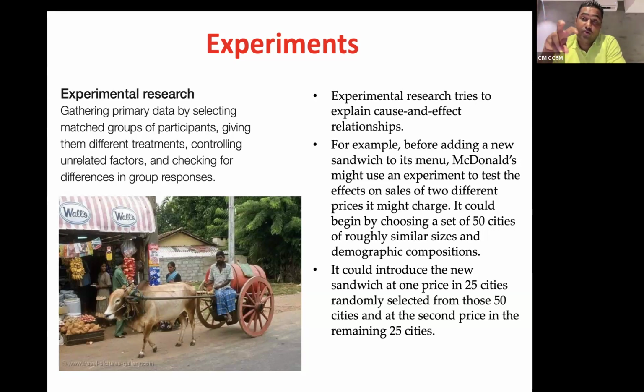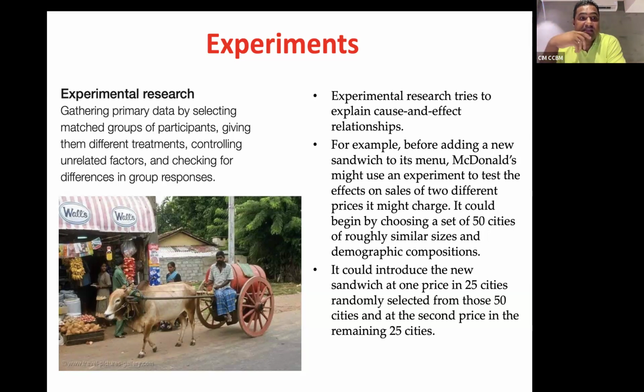It is in a controlled setting. Before you launch nationwide, you see whether the people of Sri Lanka like Walls ice cream. Is the price point okay for them to buy? If it doesn't work, then they won't launch it. But it did work and they launched it, right?